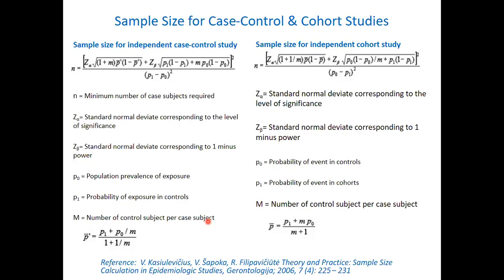Sometimes when the sample size is very small, the analysis will not come out well. You may not get good findings, especially if you want to look at some factors apart from the one you are studying, because you have to ask questions about those factors.